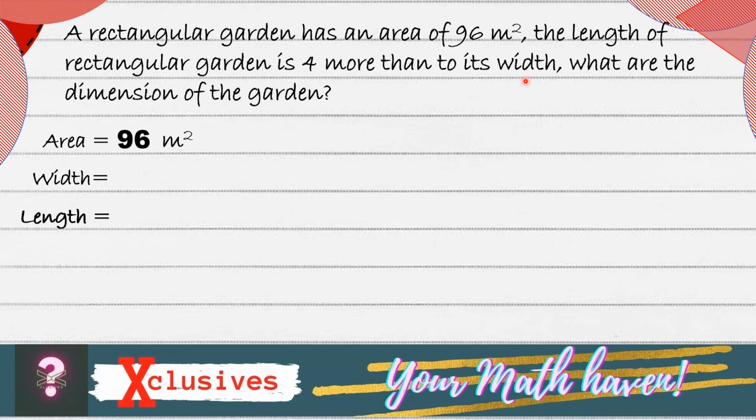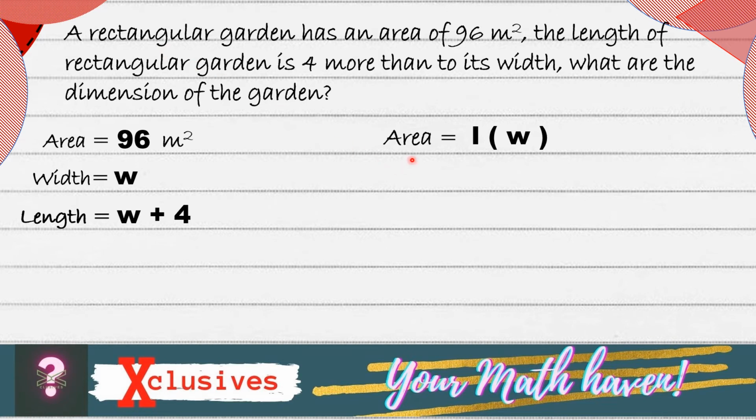Therefore, our width is a number, so let us say W, and for our length, that is 4 more than its width, so that is W plus 4. Now let us create its solution. We are going to use the area of a rectangle. Our formula is area of a rectangle is equal to length times width.